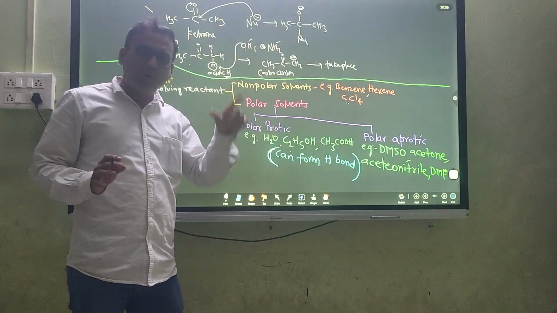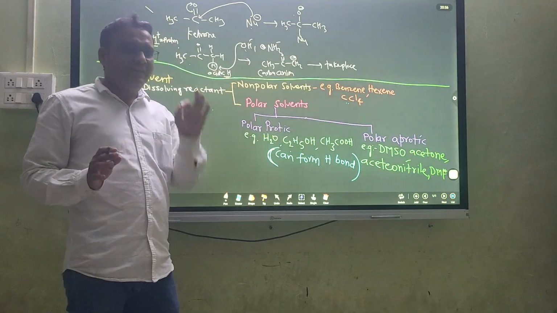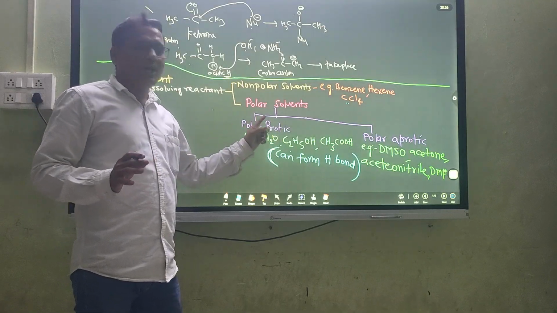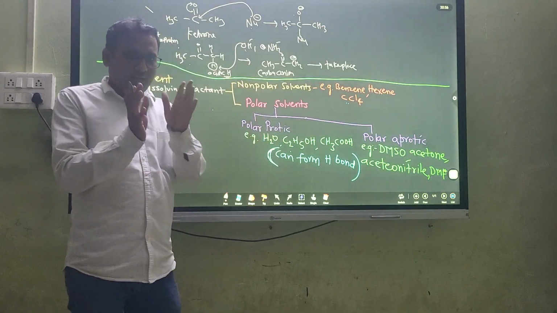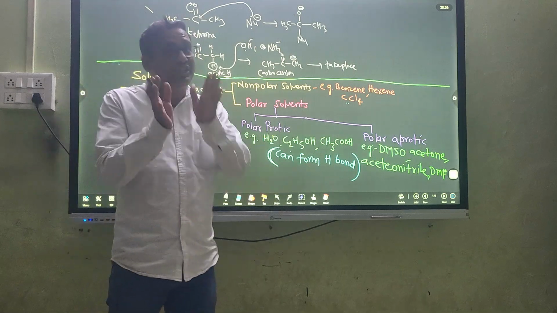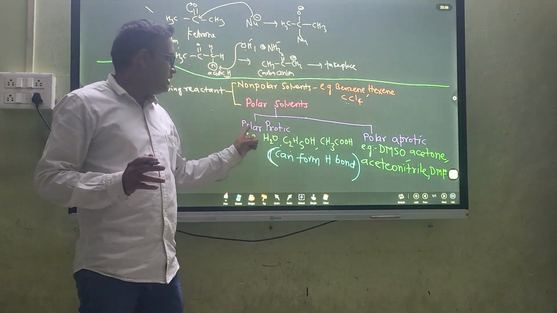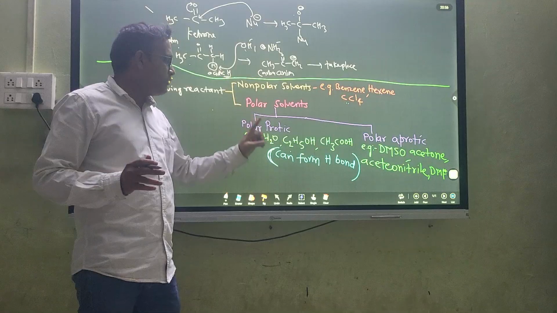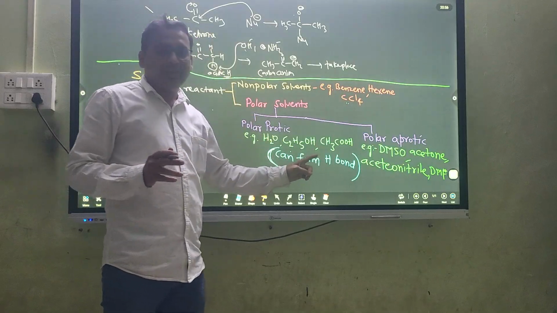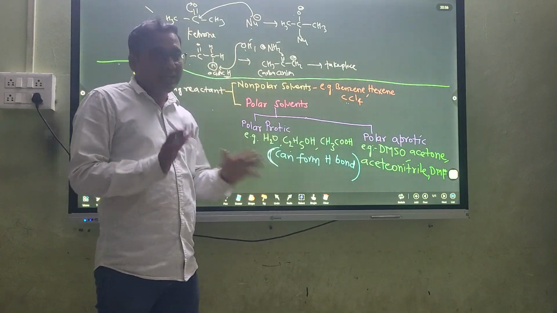Both solvents are polar in nature, but the difference is that polar protic solvents generally form hydrogen bonds with the reactants.